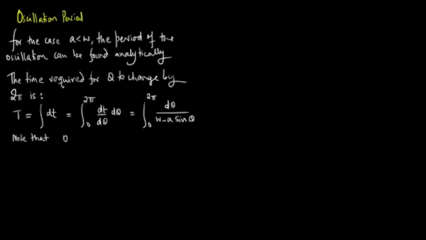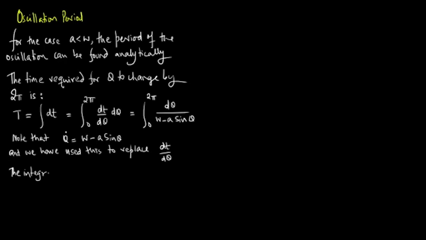Now note that theta dot is equal to omega minus a sine theta, as we have used this to replace dt divided by d theta.